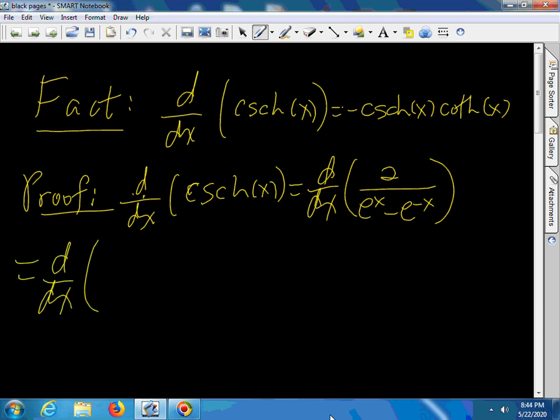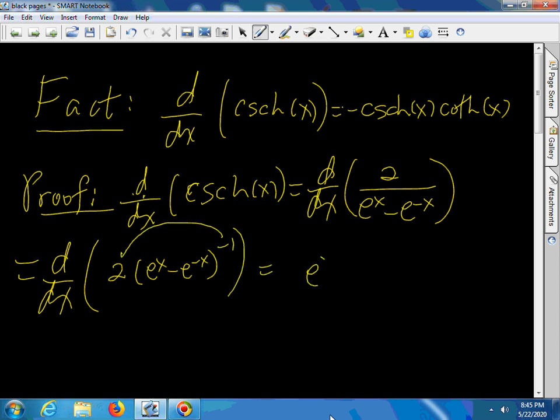Do not use the quotient rule if either the numerator or the denominator are a constant. Definitely don't use the quotient rule if they're both constants. So I'm going to rewrite that as 2 times e to the x minus e to the negative x to the negative 1 power. I use the general power rule.